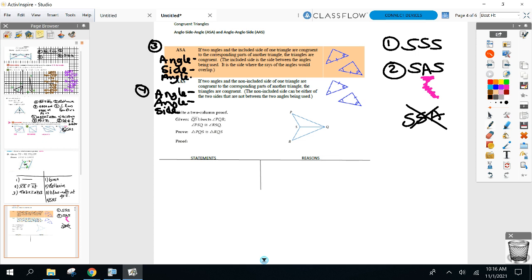Don't start writing with no idea where it's going. So write your givens, mark your diagram, and then say to your group, hey, which one of the 4 methods is going to be it here? And then write your proof. Have an idea of what you're going to use.